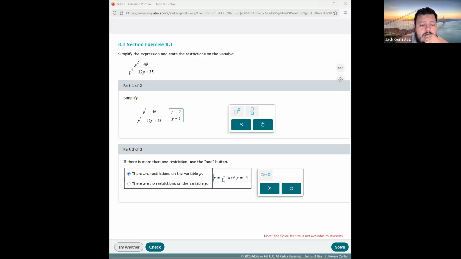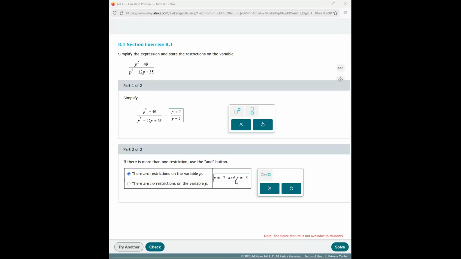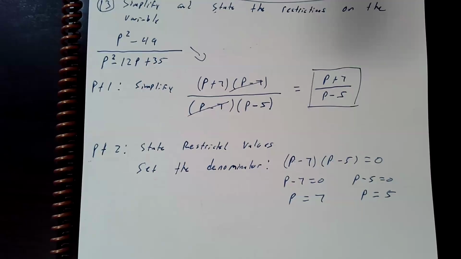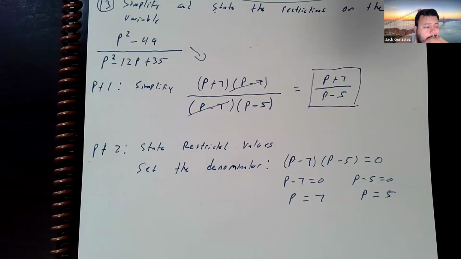That's why they get this part, and these are the two you cannot use. They both become positive when you solve for p.